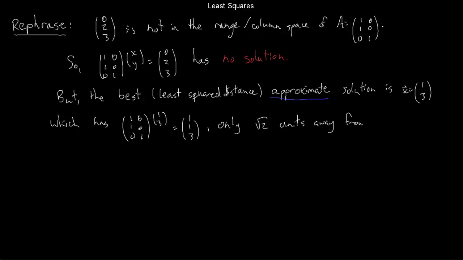That root 2 is called, in official lingo, the least squares error in this least squares solution. So this 1, 3 is called the least squares solution, and the distance away from the vector space, from the column space of A, is called the least squares error.